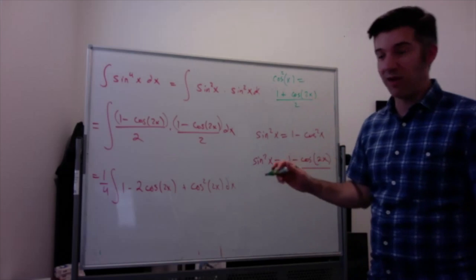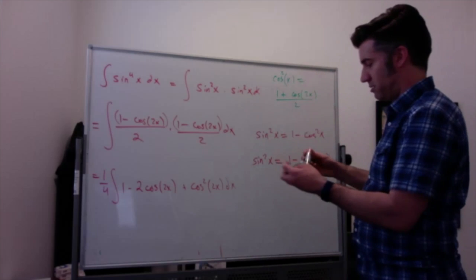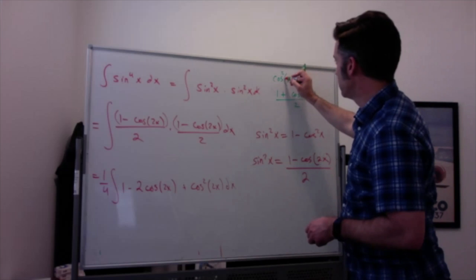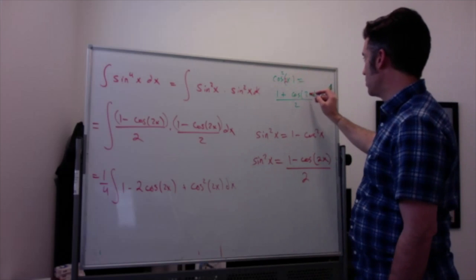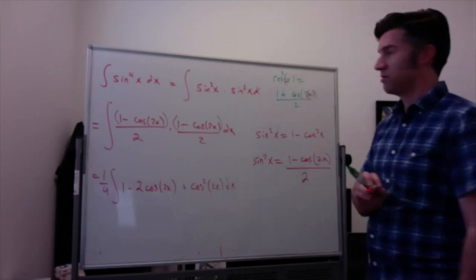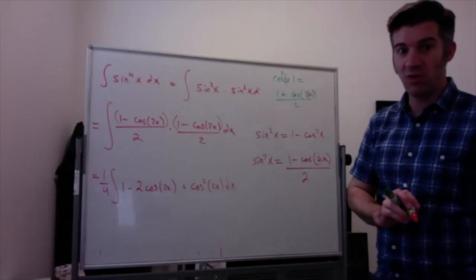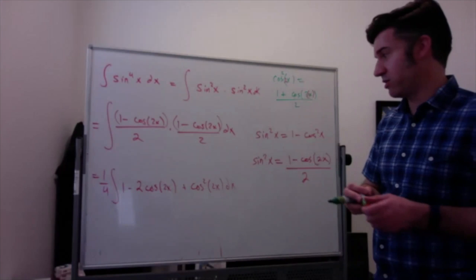So cosine squared of 2x is going to be 1 plus cosine of 2 times 2x, or 1 plus cosine of 4x, all over 2.